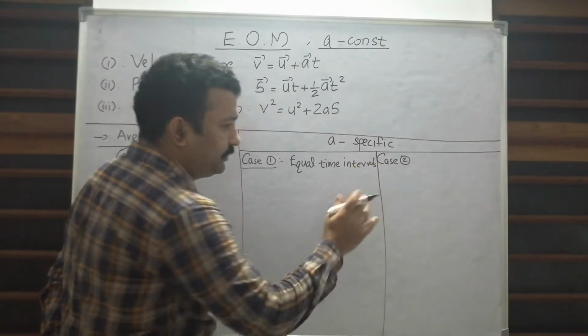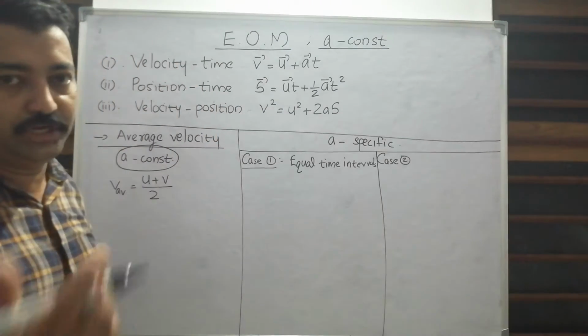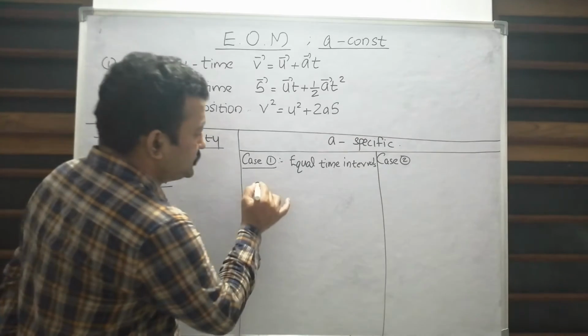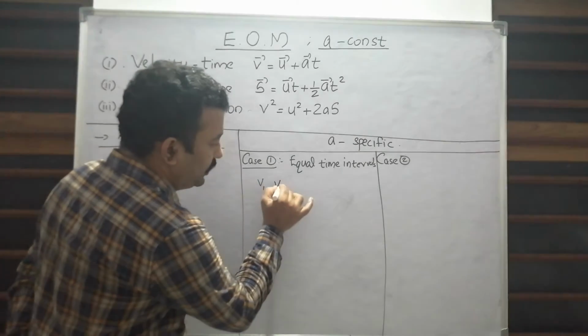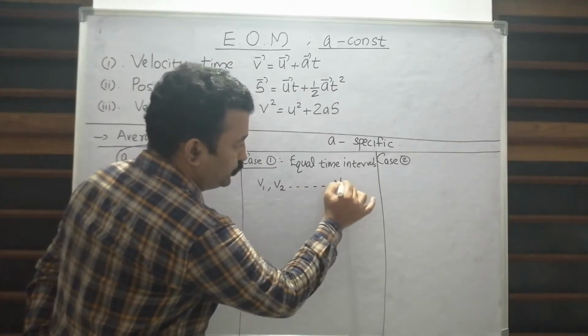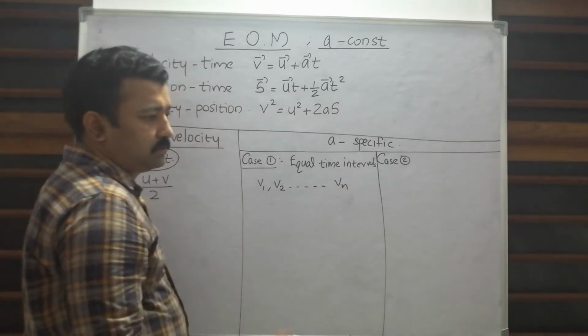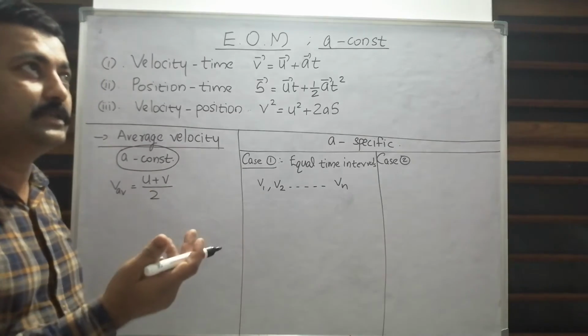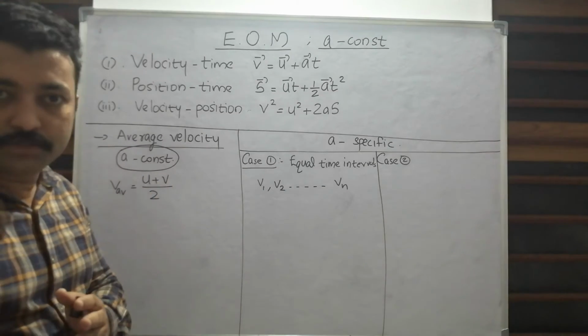That is, you have different time intervals T1, T2, T3, T4, or delta T1, delta T2, delta T3, and in which the particle has velocities V1, V2, up to Vn. Time intervals are equal, but if velocities are different, displacements will be different.